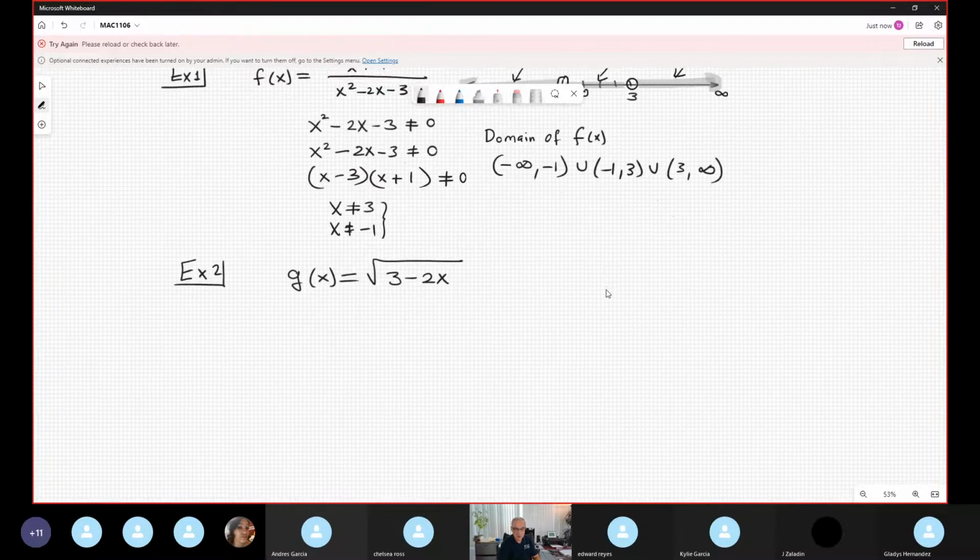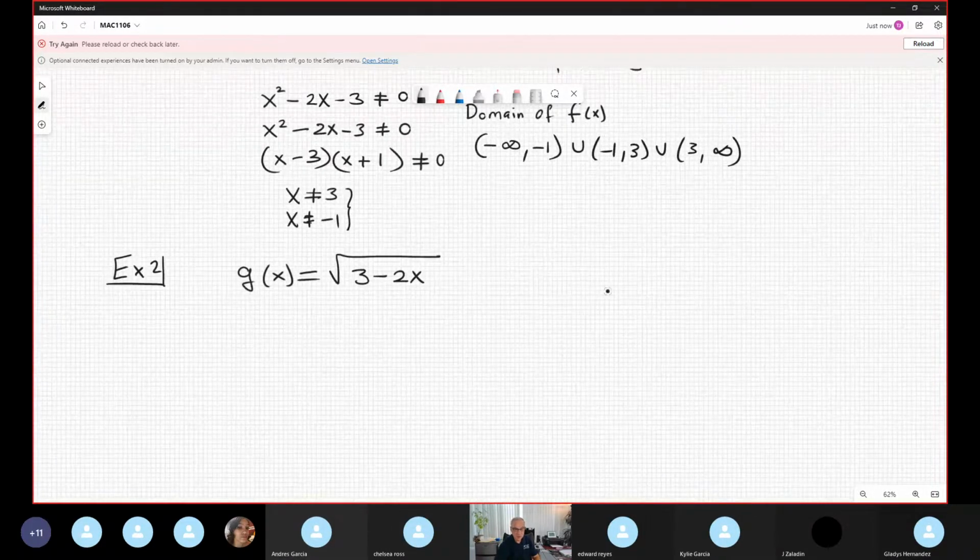Okay, no problem. Now you take the expression inside the square root, 3 minus 2x, and you enforce it to be greater than or equal to 0. And you ignore the square root. My goal is to investigate for what values the expression inside the radical is positive or 0. Non-negative. Okay, let's do the inequality.